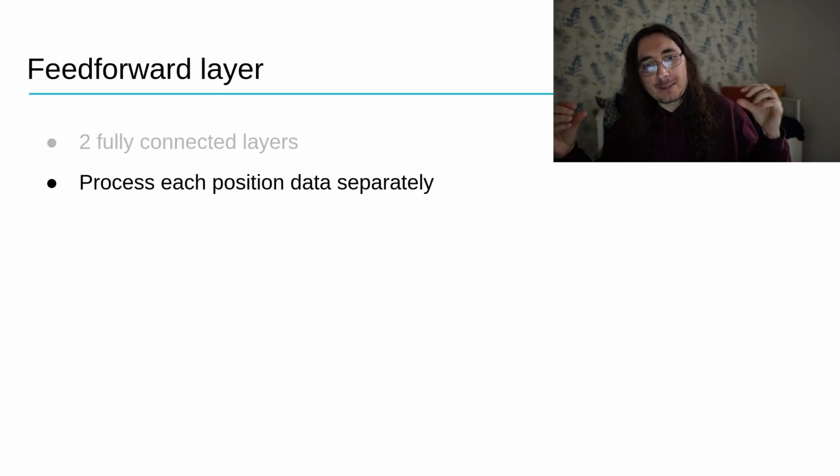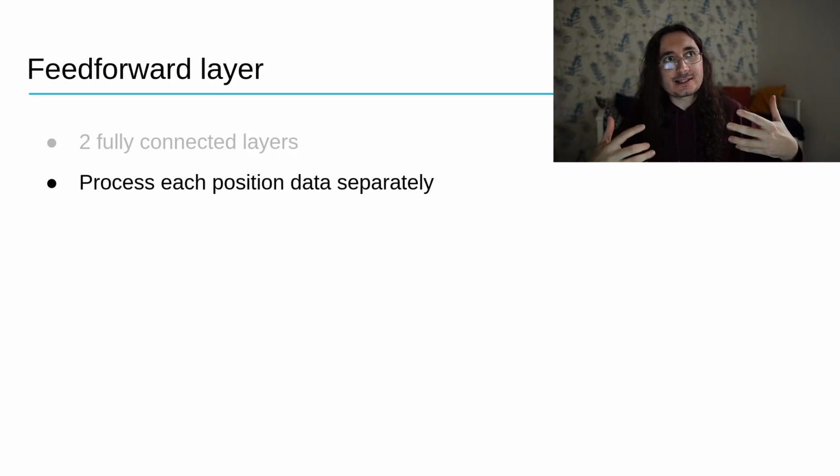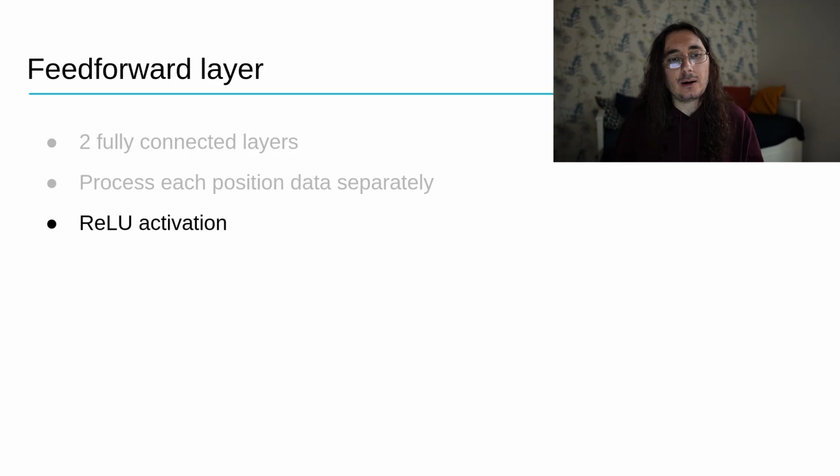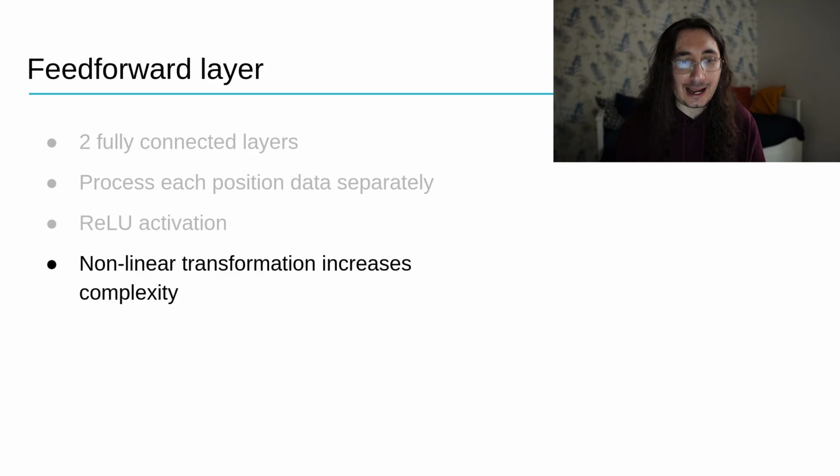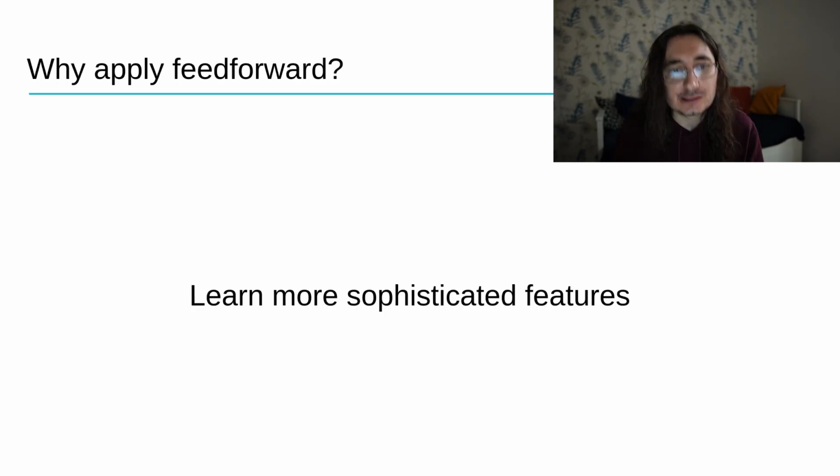Each word embedding is going to be processed by itself independently of all the other data points out there. At each layer we're going to be using a nonlinear activation, and that's going to be ReLU, rectified linear unit, and by using ReLU we're going to add a nonlinear transformation to the data that increases its complexity.